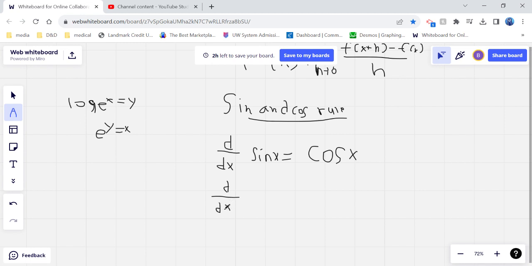But if you were to take the derivative of cosine of x, find that slope for any value of x, you probably want to say that it's sine of x, wouldn't you? But that's not entirely true. What we actually end up getting is negative sine of x.